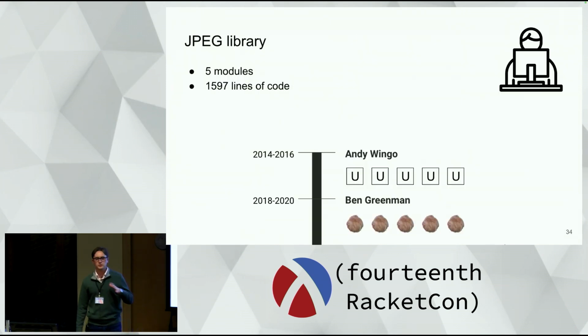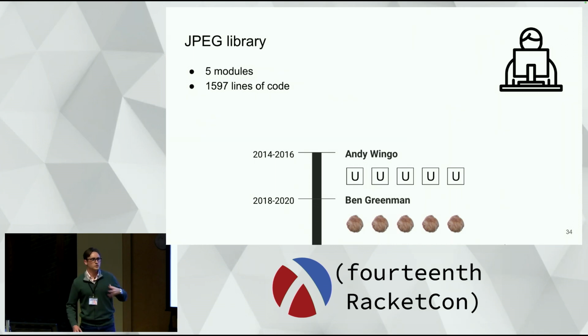In order to demonstrate how to use this tool, I'm going to use the JPEG library, which Andy Wingo wrote the untyped version of in 2014, and Ben Greenman added typed versions of all the modules in it around 2020.